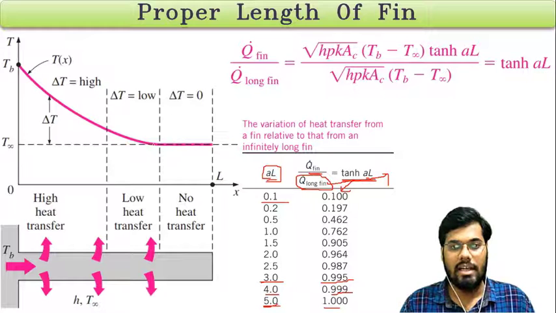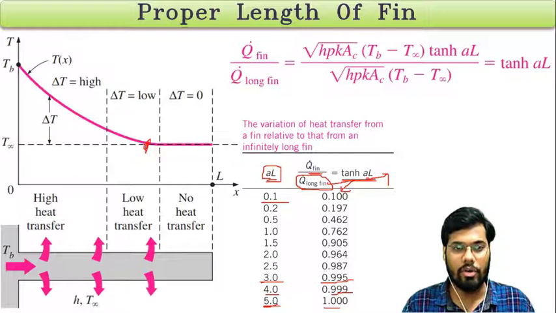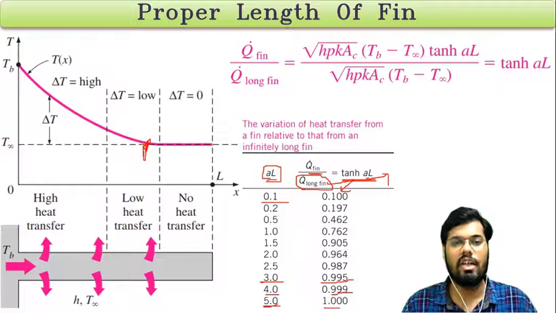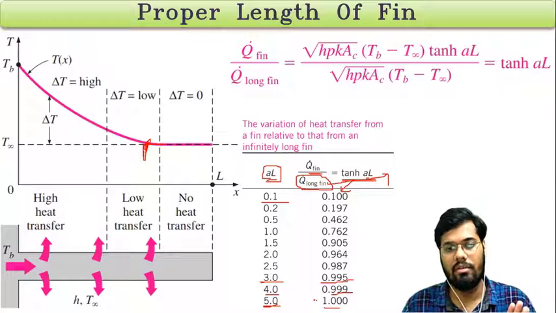Here we can see that at this point, suppose the value of AL is 3, because at this point 99% of the heat transfer rate is achieved, and beyond this length only 1% of heat transfer rate is achieved to complete 1.